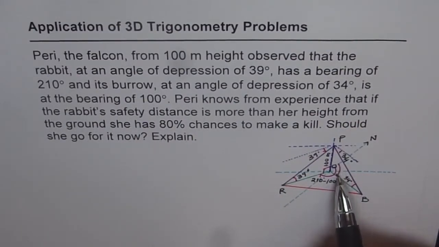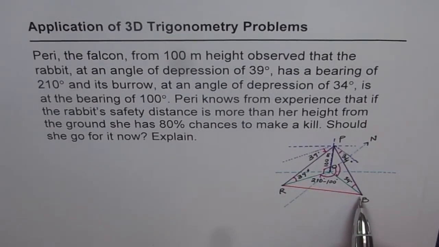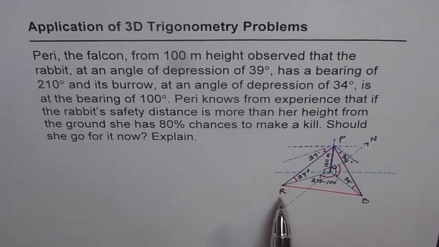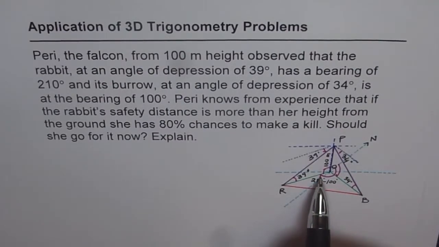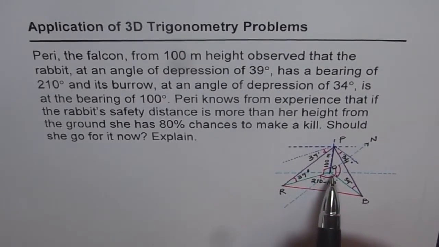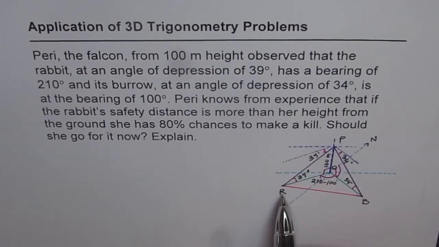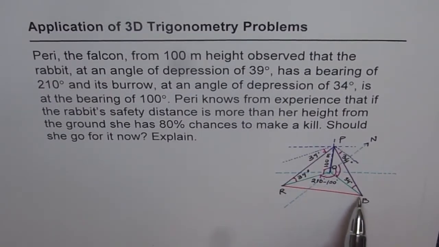Now if you join these two lines, which represent the position of the rabbit and its burrow on the ground, the angle between them will be 210 minus 100, which is going to be 110 degrees, right? So that is the angle at the vertex of this triangle, ROB.